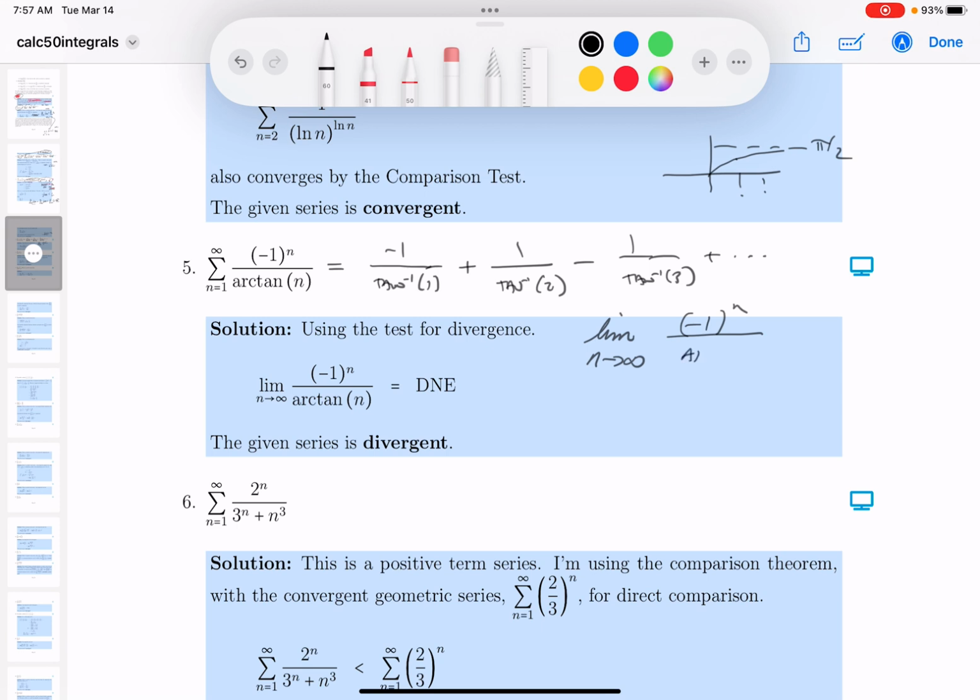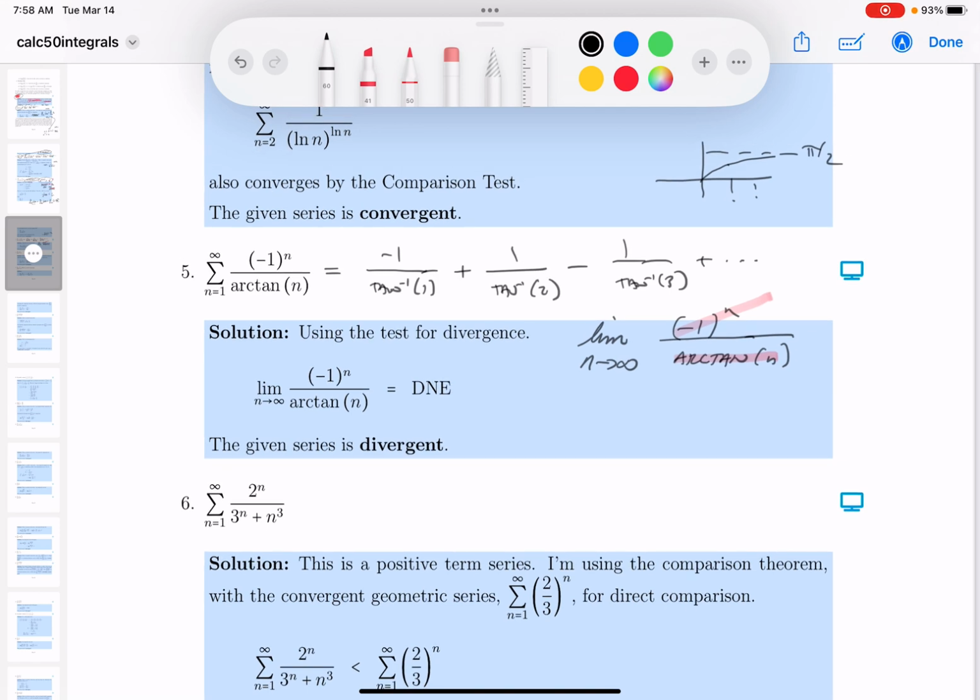You get arctangent of n. Now, I hope you realize this guy on top is kind of bouncing around between plus or minus 1. And on bottom, as n goes towards infinity, we're going to get the number towards pi over 2.